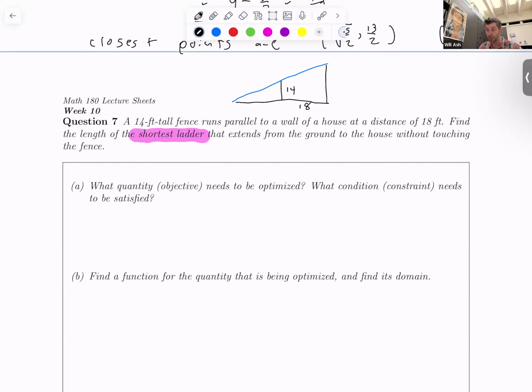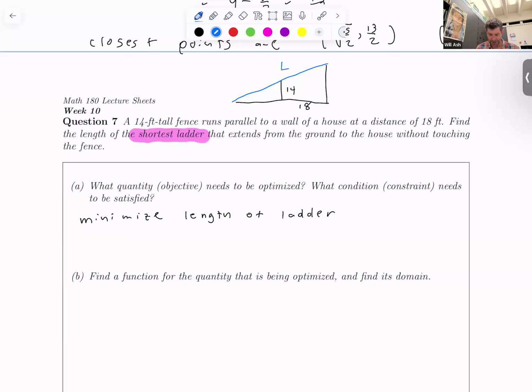Okay, so what I want to do is minimize the length of the ladder. So I guess we'll call that L.